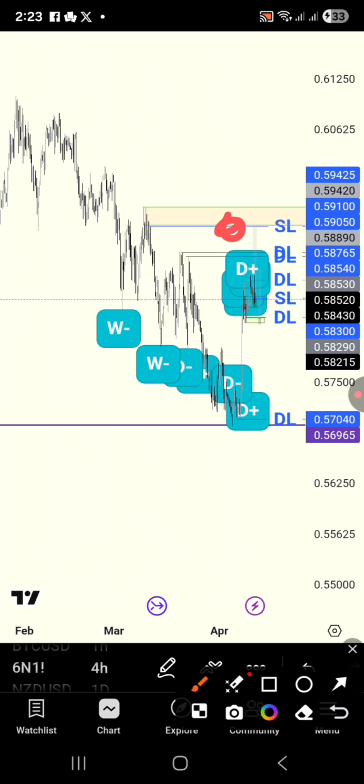Then there's WL, that's weekly liquidity, and I have monthly liquidity. So for me, price activated from a sessional zone. So automatically I expect it to come and take this sessional liquidity. Right?